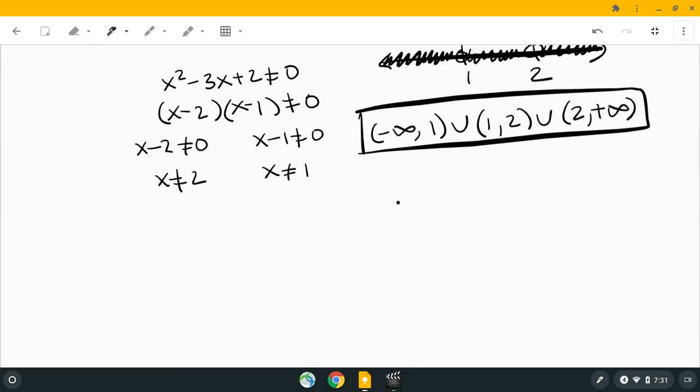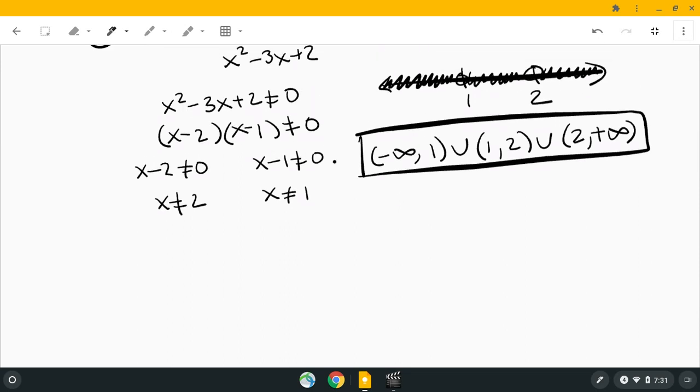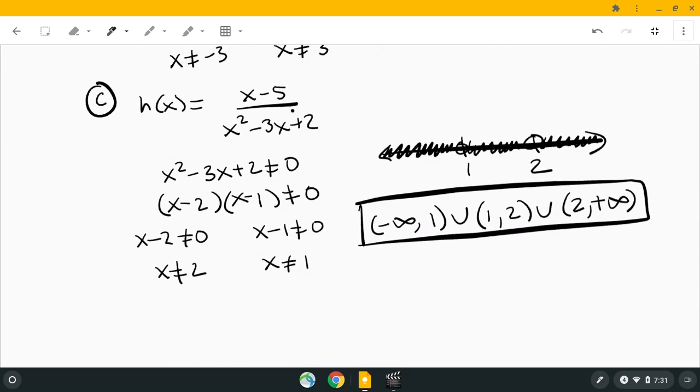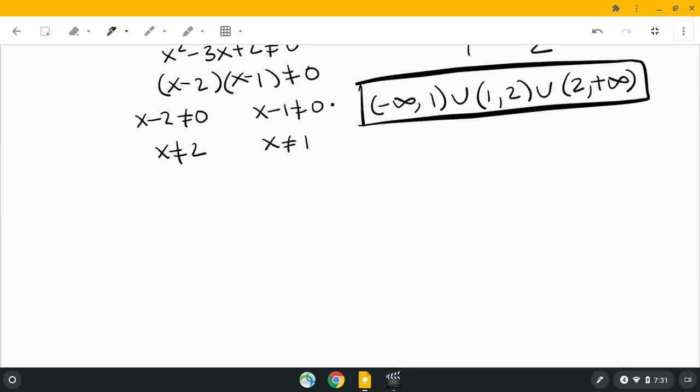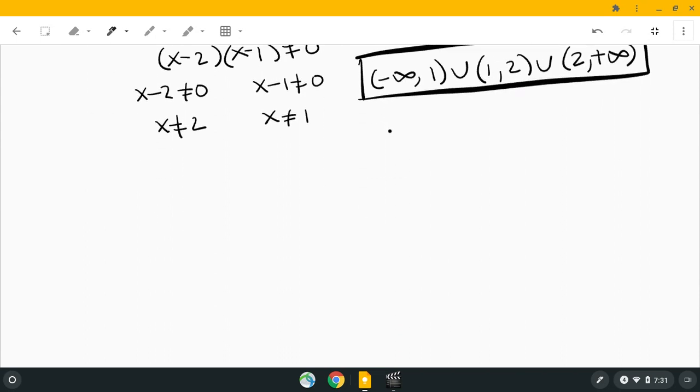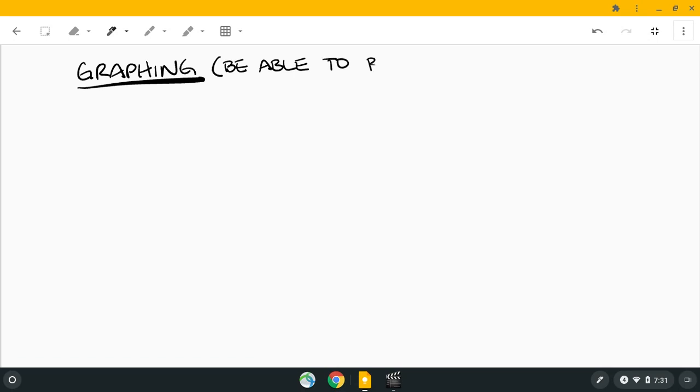Now, as far as graphing, once you know which values to exclude, then you'll be able to recognize the graph. Okay, so let me do a quick example here. So for graphing, again, you only need to be able to recognize the graphs. You actually won't be doing the graphs here.